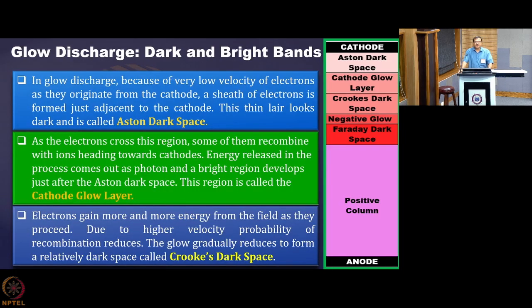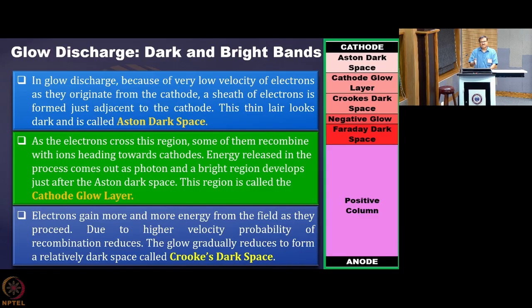Now in glow discharge, because of the very low velocity of electrons, a sheath of electrons is formed just adjacent to the cathode. This layer looks dark, and this region is called the Aston dark space. Similarly, after that there is a glow region. Why does it happen?